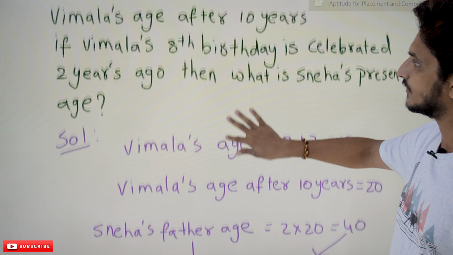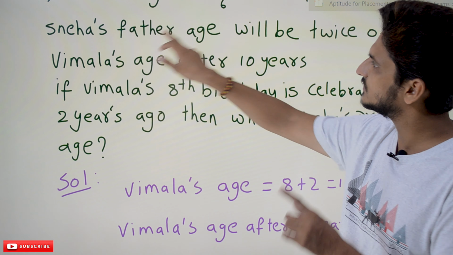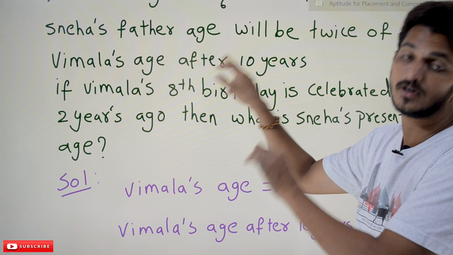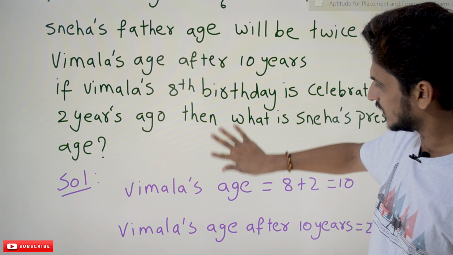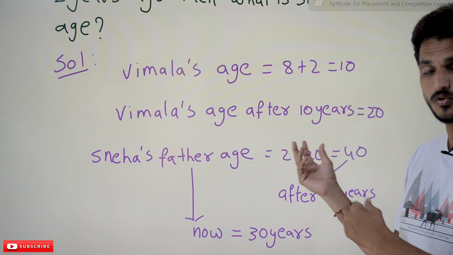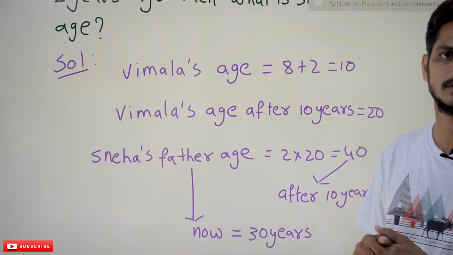From the second statement, it is a bit confusing. Sneha's father's age will be twice of Vimala's age after 10 years. Vimala's present age is 10 years. After 10 years, Vimala's age will be 10 plus 10, which is 20 years.